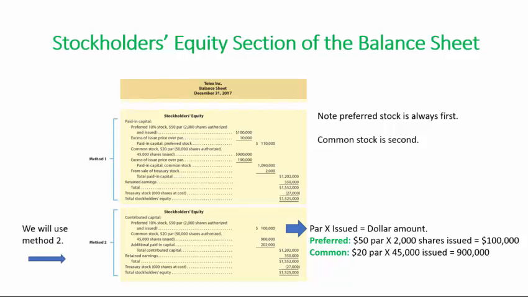And then lastly, after retained earnings, you can see that there are still 600 shares at cost of treasury stock owned by the corporation. So that is the way it is represented, and you can see that in the top and the bottom, method 1 and method 2. Method 1 is just a little bit more detail.